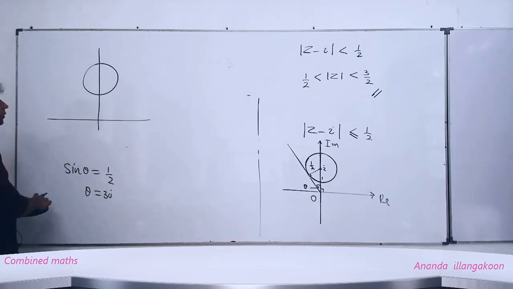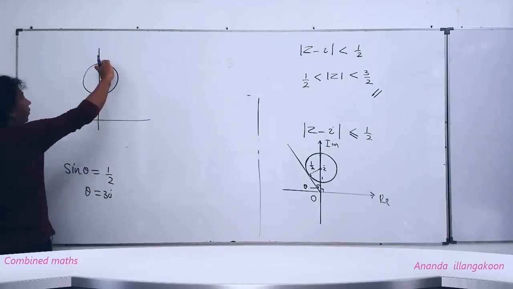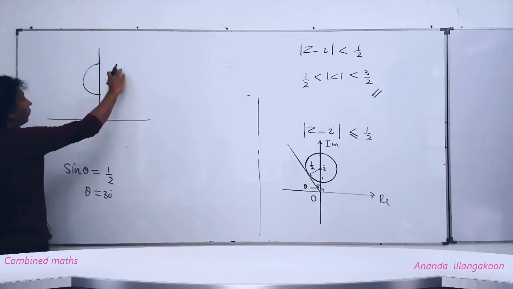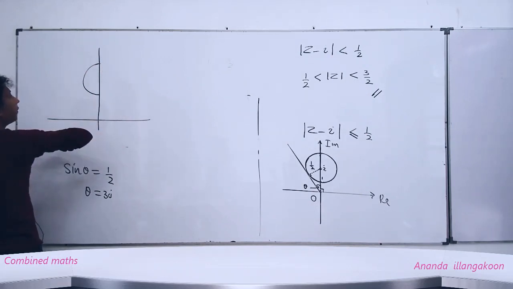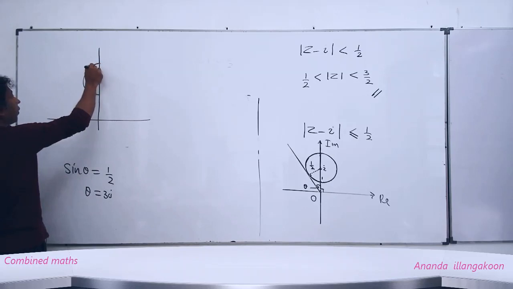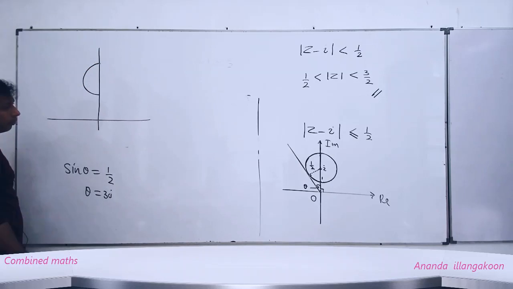The required region is this. This part we have to exclude. Then this is the portion.